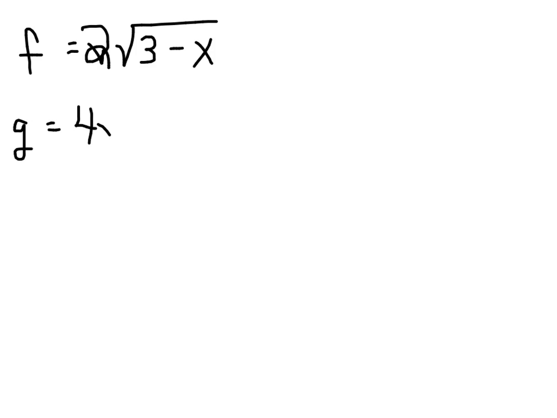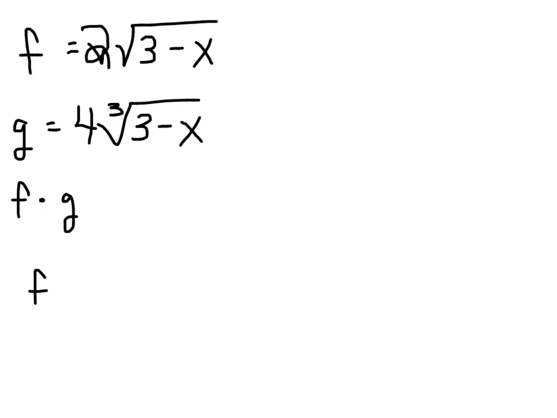When you look at 28, it says, let f of x be equal to the square root of 3 minus x, and g of x the cube root of 3 minus x. And what we need to find is f times g.